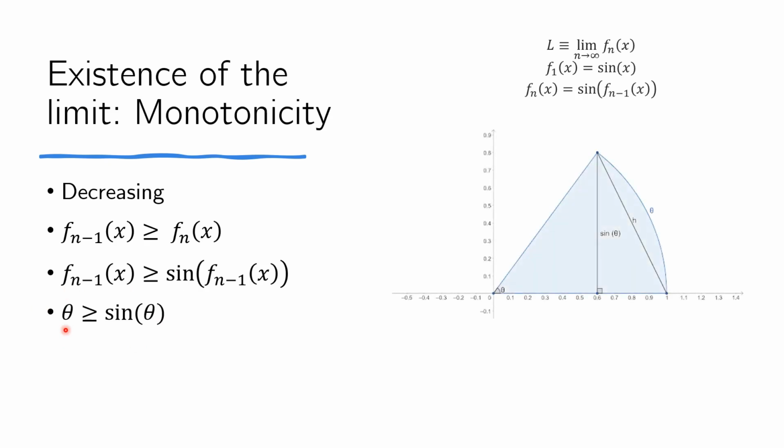If we look at the definition of the sine function from trigonometry, the sine function is this vertical distance from this point here, this point being on the circle with radius 1, making an angle theta from the positive x-axis. That vertical distance is sine theta by definition, and that arc length is theta by definition.